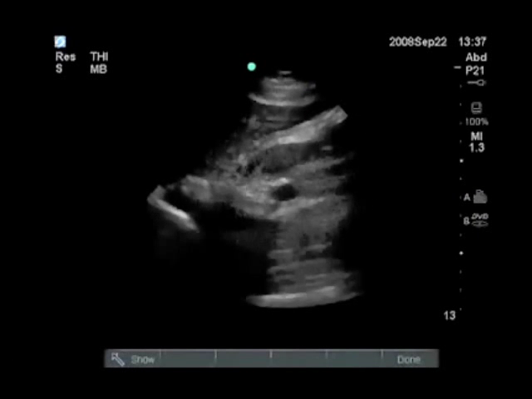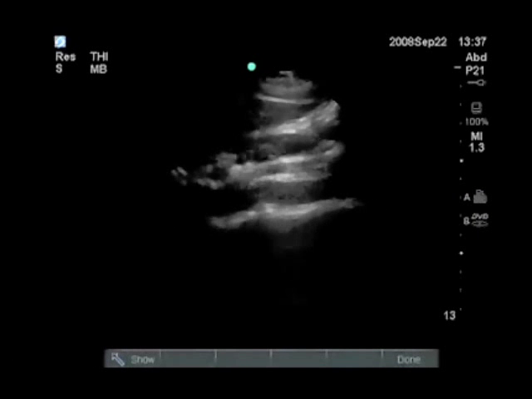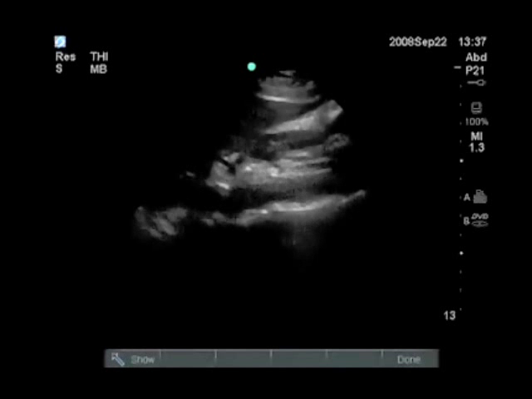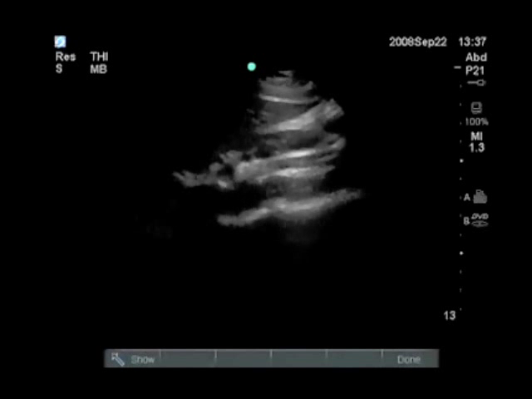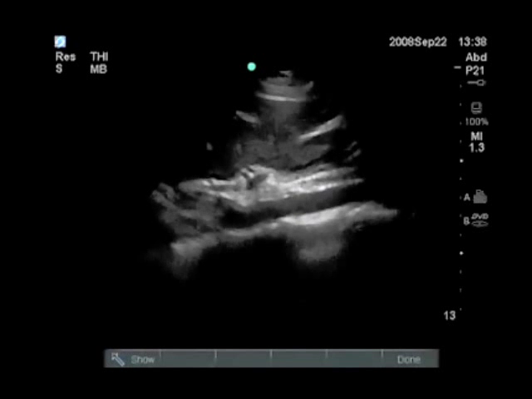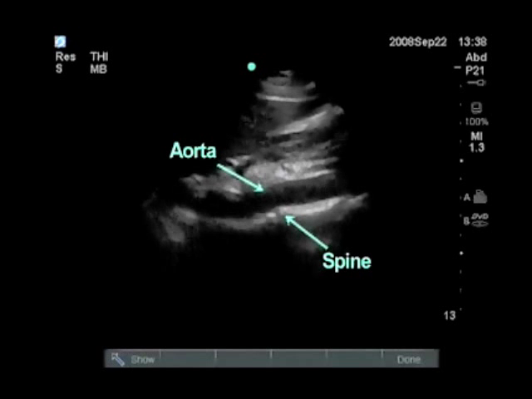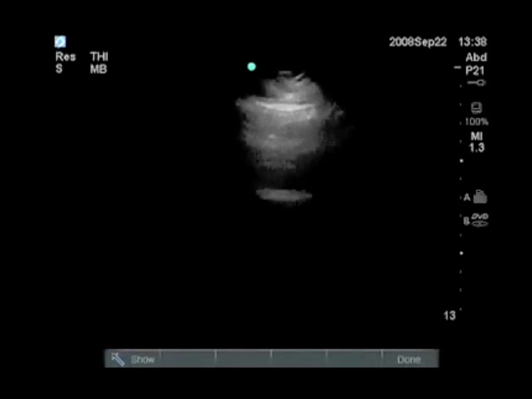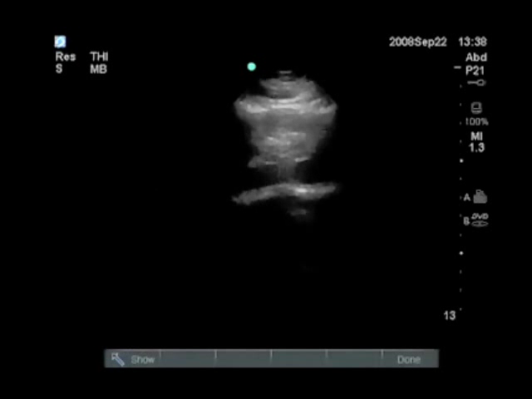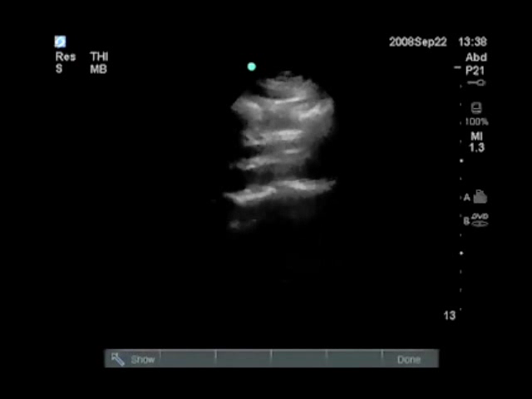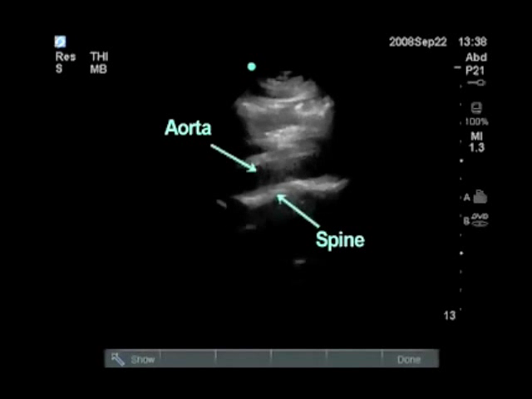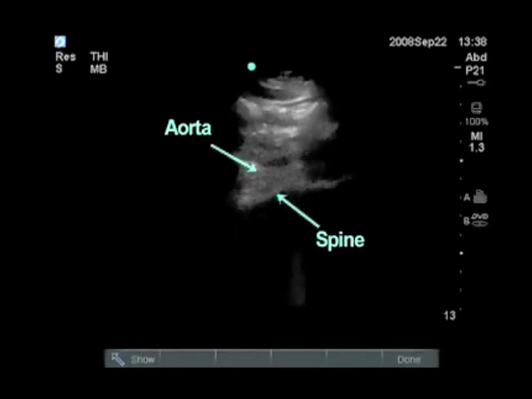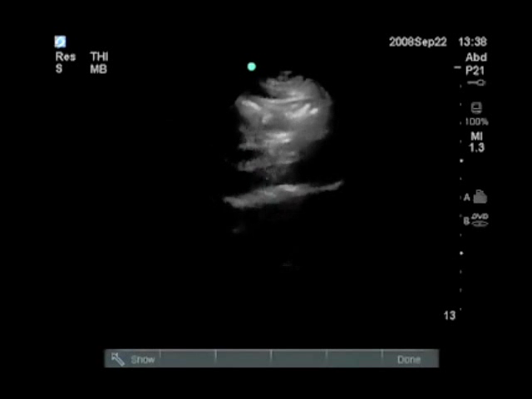I'm going to continue down, following it in a longitudinal view. And again, I see the shadow of the spine directly posterior to the aorta. And I keep moving down, working around the bowel gas, looking for that long black tube immediately anterior to the spine.